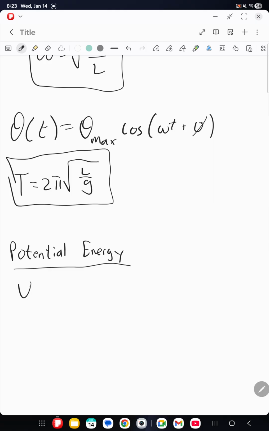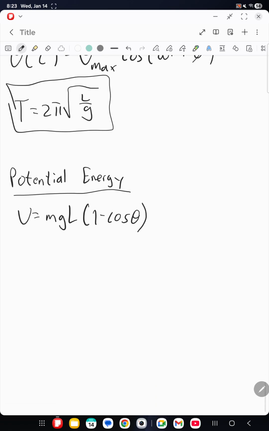But here we'll have U equal to mgl(1 minus cos theta). This is potential energy in general.